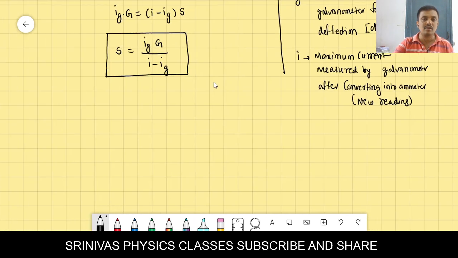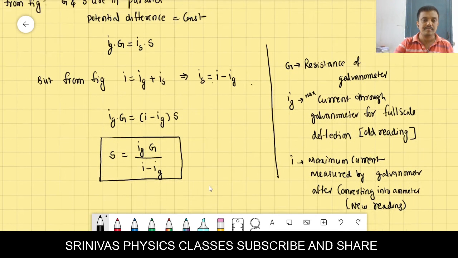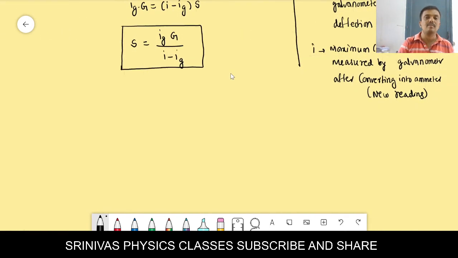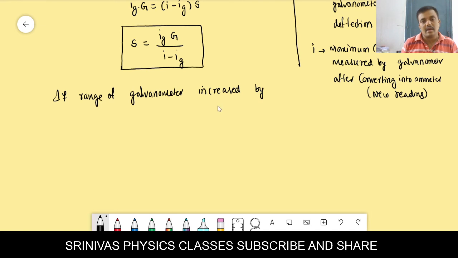Now I am going to explain its continuation. If the range of the galvanometer is increased by n times, then we write the new reading equal to n times the old reading. This we substitute in the above equation.